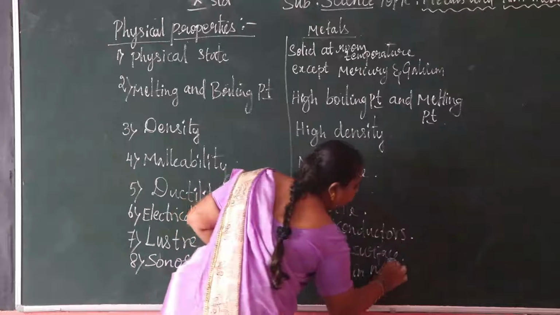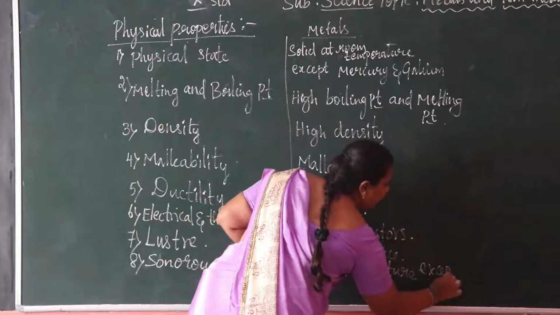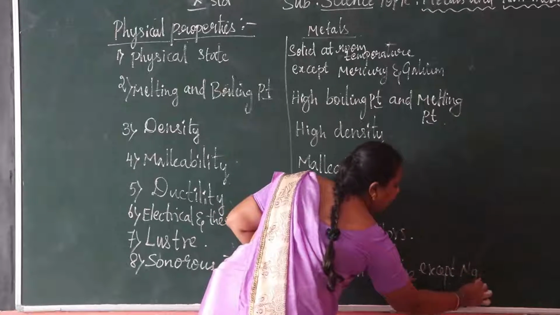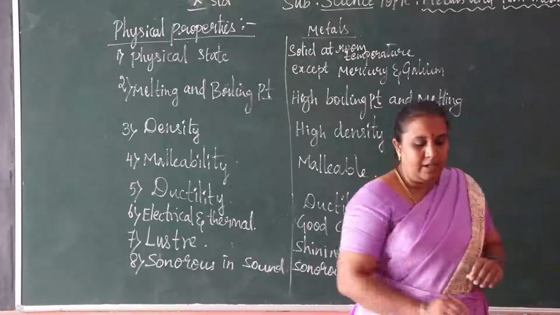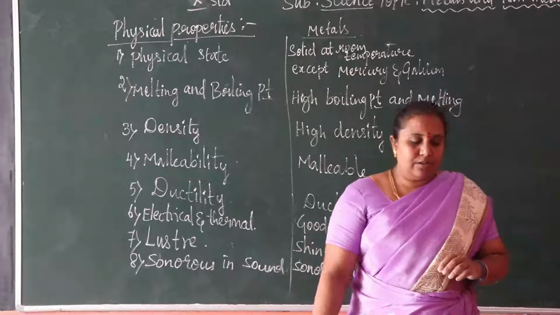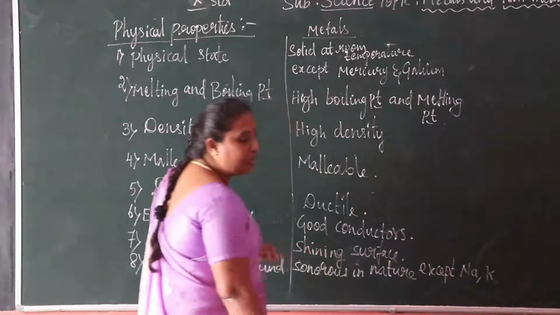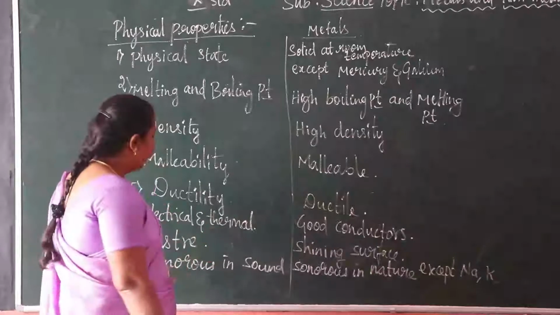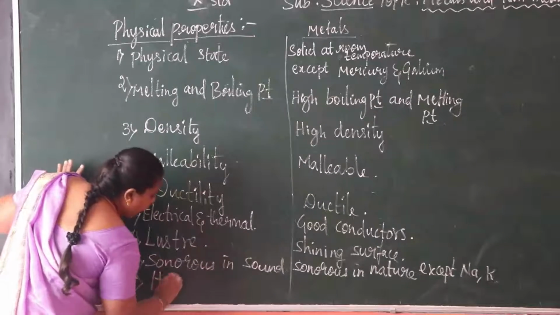Then generally hardness: metals are generally hard here also, except sodium and potassium. The ninth one is hardness of the material.